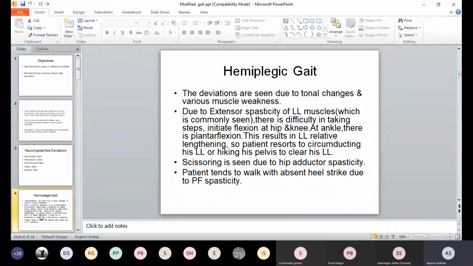We should know that. Because of these muscles being spastic, that is extensors being spastic, sometimes the muscles in the opposite direction, that is hip flexors, knee flexors and dorsiflexors, might have difficulty in performing the action. What I mean by that is, when your patient is lying down, maybe the patient is able to do these activities.